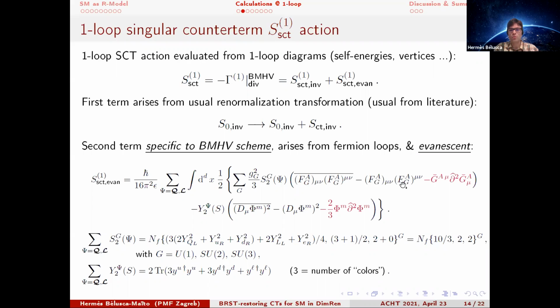So the F mu nu F mu nu terms from the gauge bosons in d and 4 dimensions. The same thing appears in the scalar sector. And in addition to that, there are very specific evanescent contributions that are of longitudinal type for the gauge boson. So this one, and a part similar to it for the scalars.